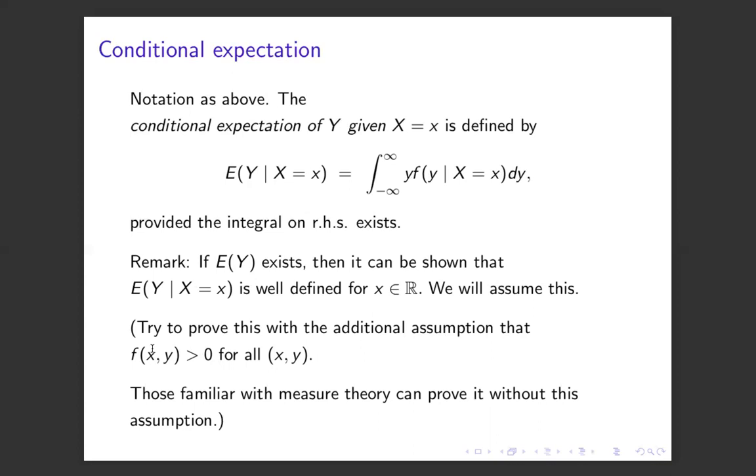You really don't need this assumption. The intuition is that when this doesn't hold, so wherever the marginal, that is f_X at x, is 0, then those things won't contribute anything. In other words, only x belonging to the range of capital X will matter.